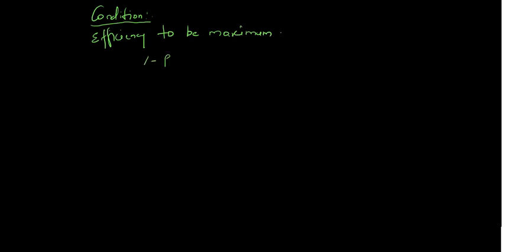When the denominator, 1 minus rho square plus 2 rho cos alpha, is minimum, you can have the blade efficiency to be maximum. This is the condition, right? Yes, ma'am?